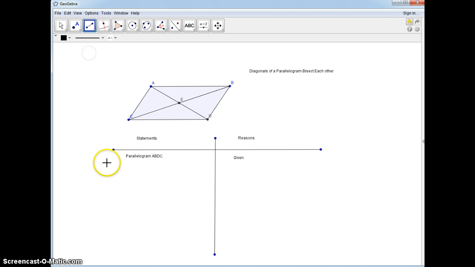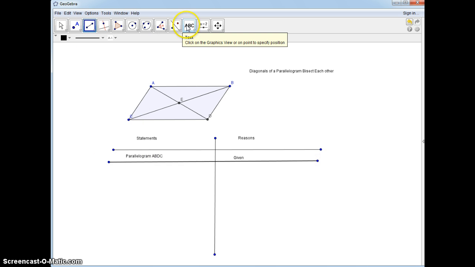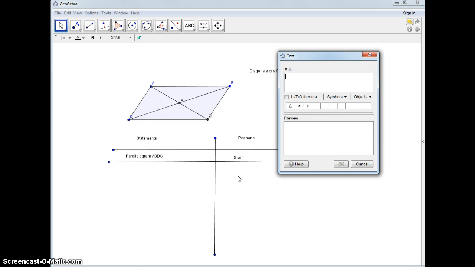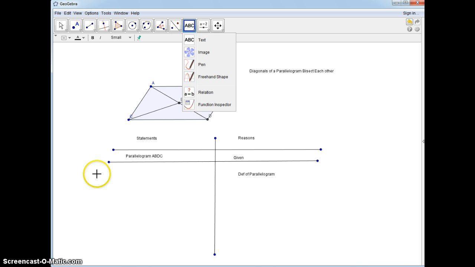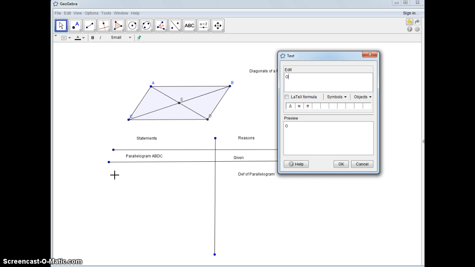Now the next line is going to be, as in all parallelogram proofs, the definition of parallelogram. The opposite sides are parallel, but I'm only going to do two sides today, and those two, oh actually I'm going to do all sides. Sorry about that. Opposite sides are parallel. So let's mark that.